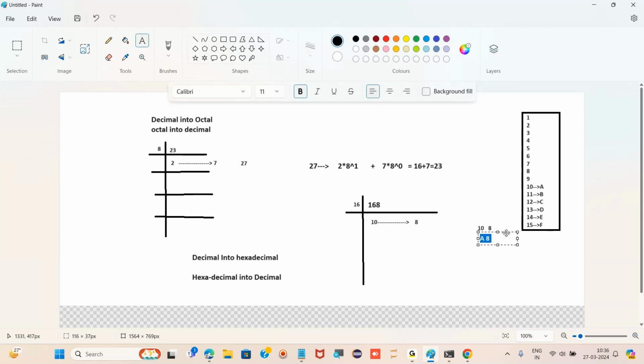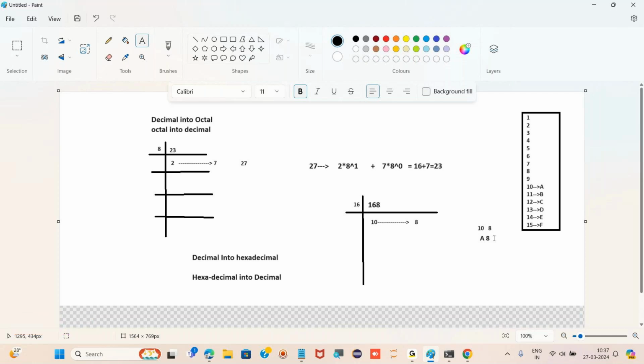Now after conversion of decimal into hexadecimal, for 168 the value is A and 8. Capital A. You can also call it small a. Capital A and 8.